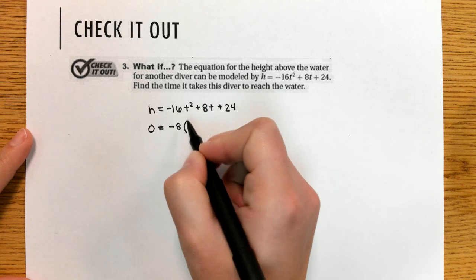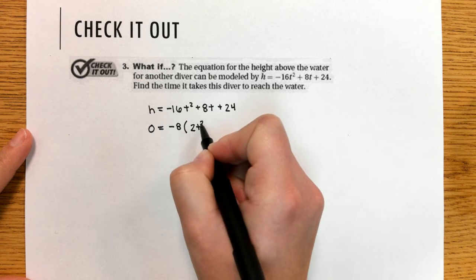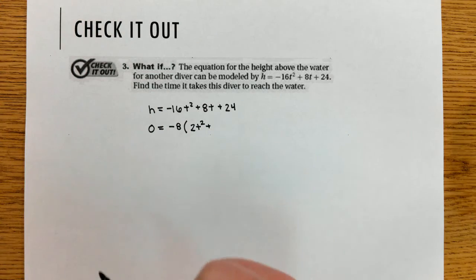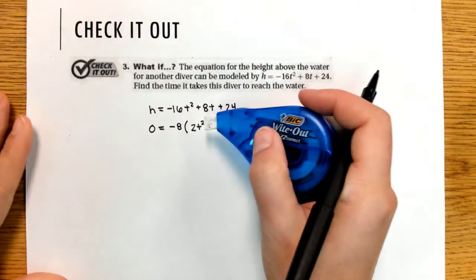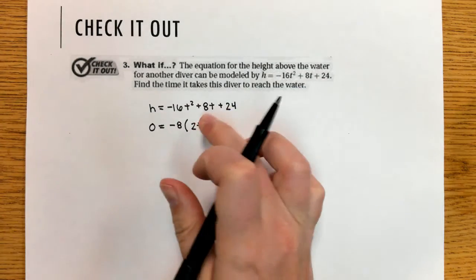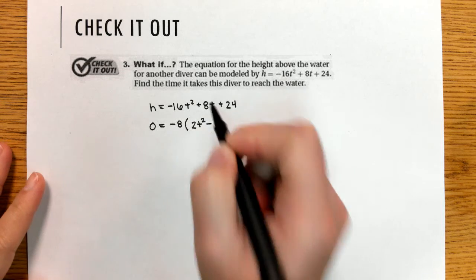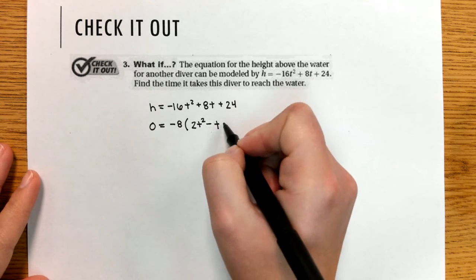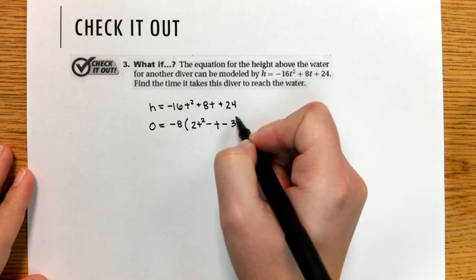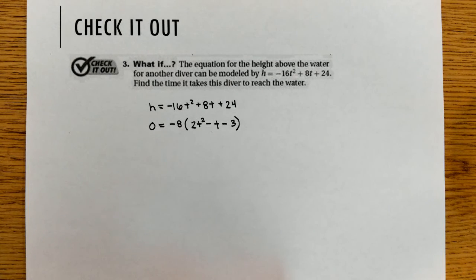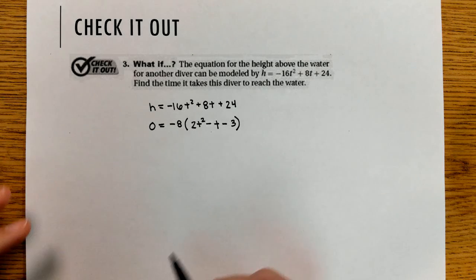So then negative 8 times 2t squared, then minus t, since we pulled out negative 8, and then negative 8 times negative 3. So we have negative 8 times the quantity 2t squared minus t minus 3.